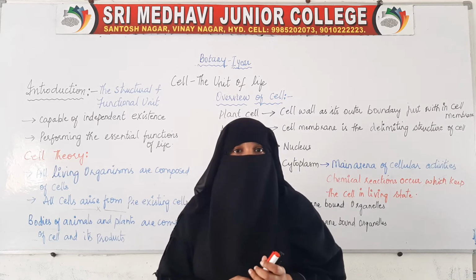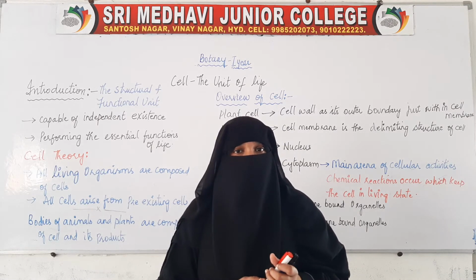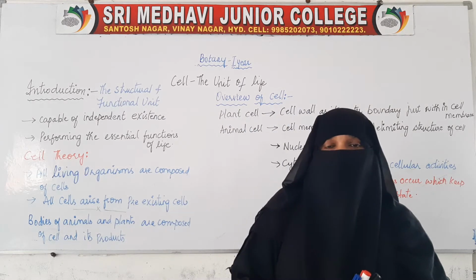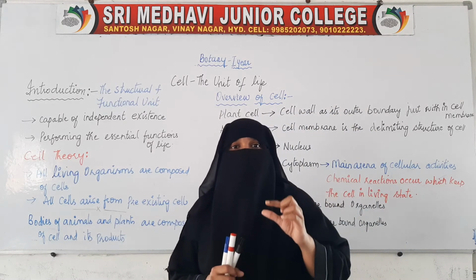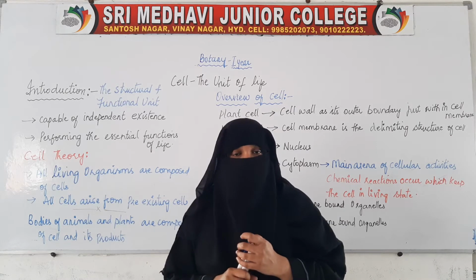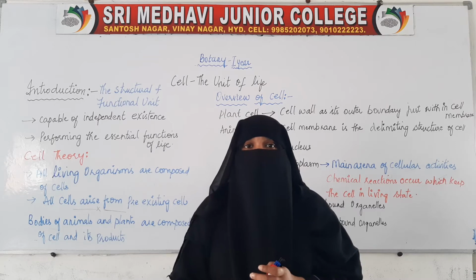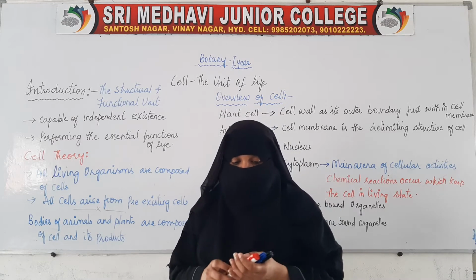Without a cell, an organism cannot be said to be a living organism. So the cell is the basic unit of a living organism. The cell is the basic structural and functional unit of a living organism.